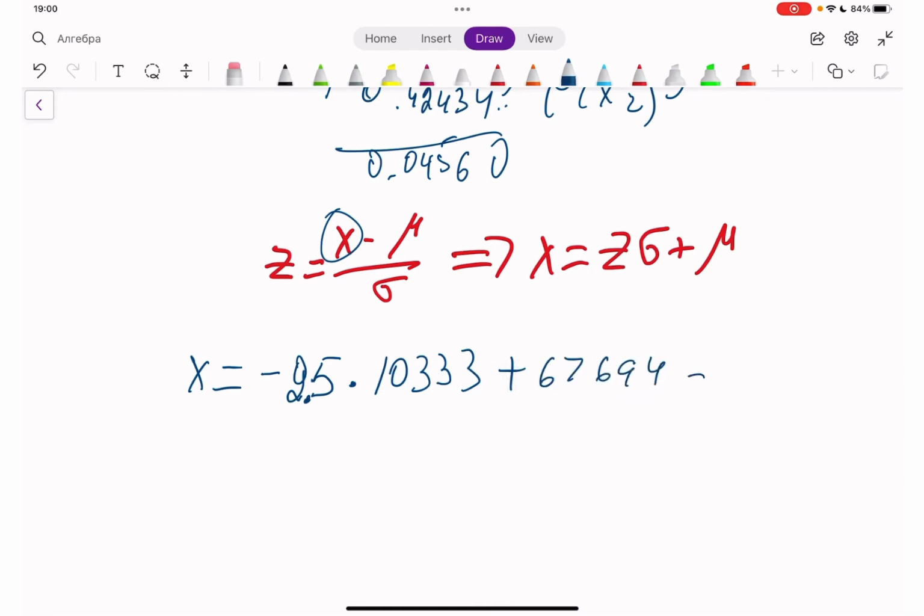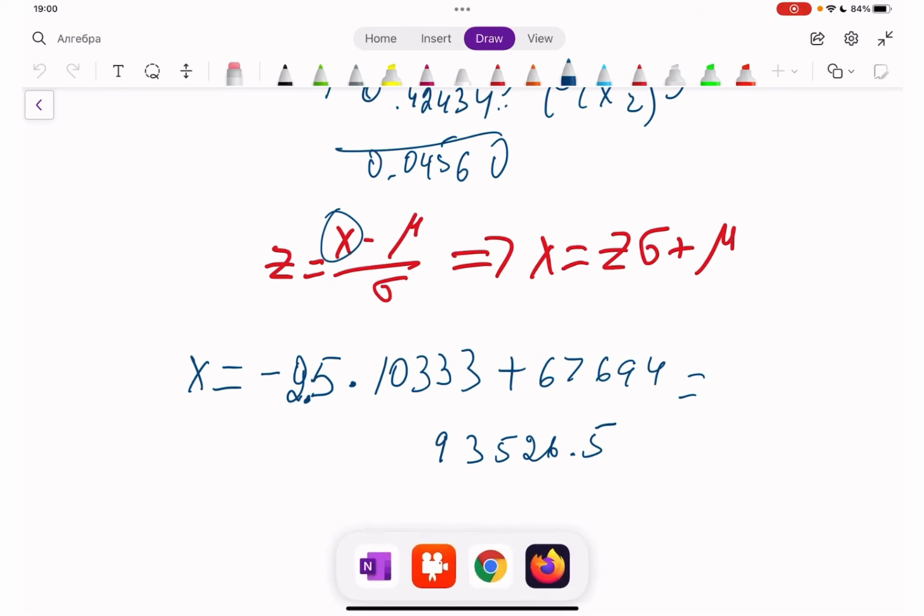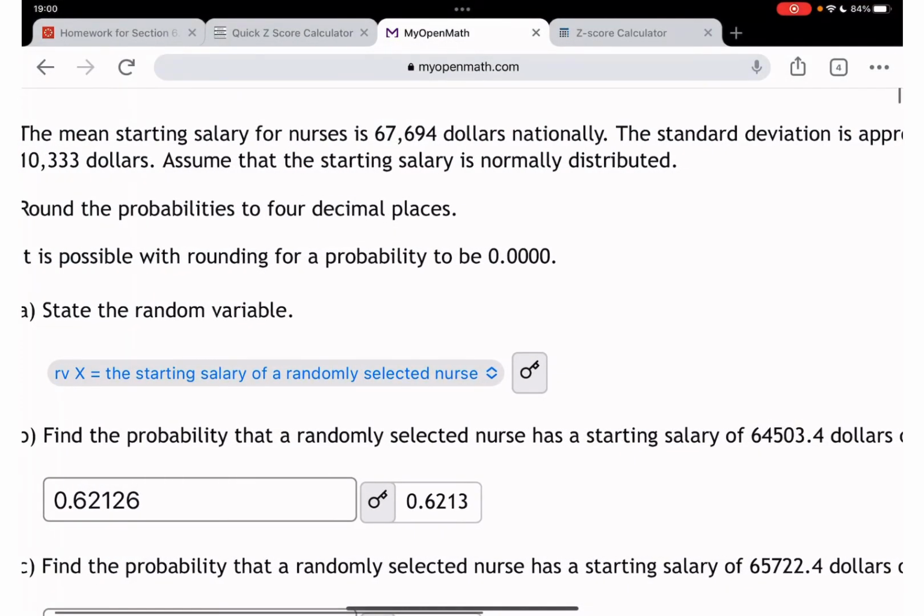And we are getting, so let's see, 2.5 times 10,333, and then add 67,694, and we are getting 93,526.5. Let's go to our problem. Write down.